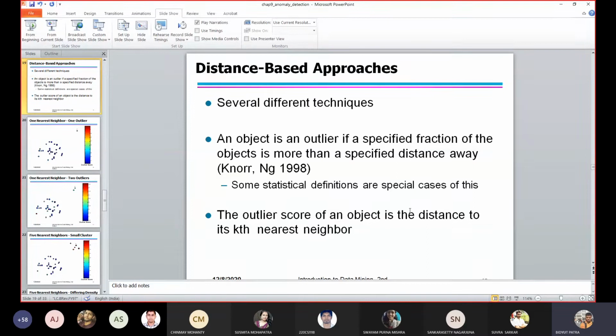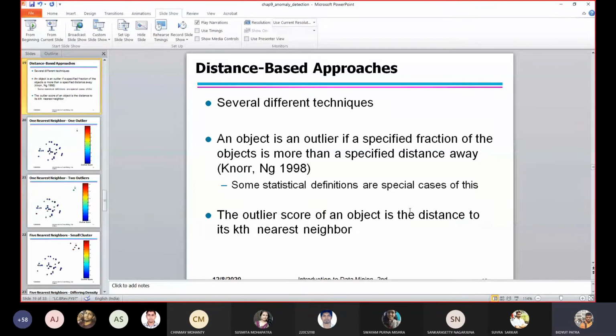So one object will be considered an outlier if it is quite far away from the rest of the objects, and this is quantified using the specified fraction.